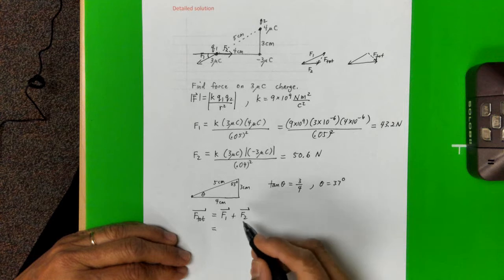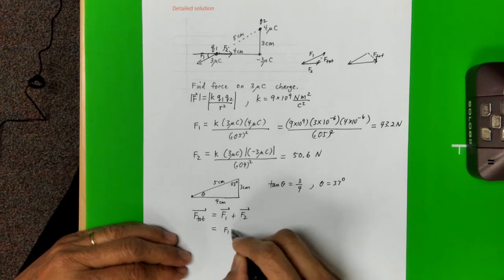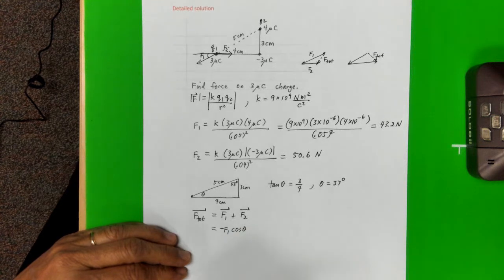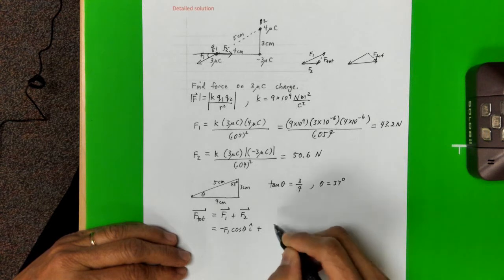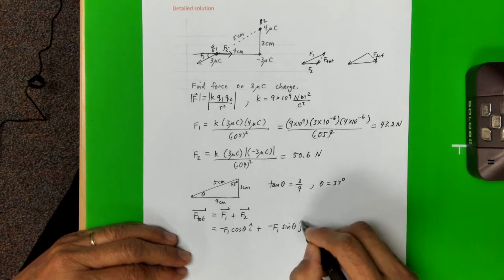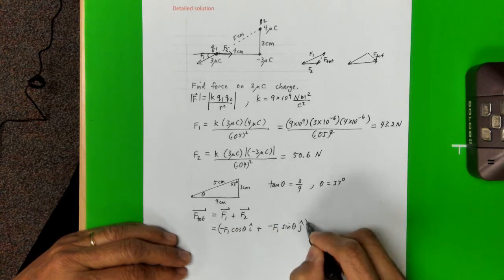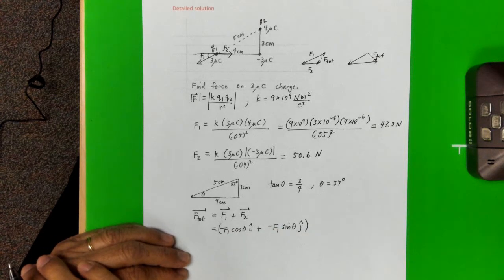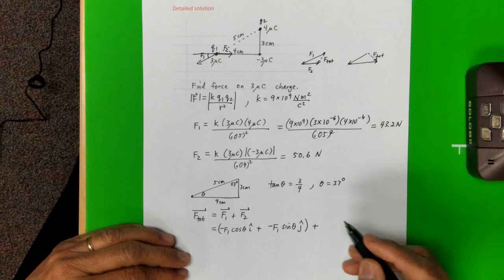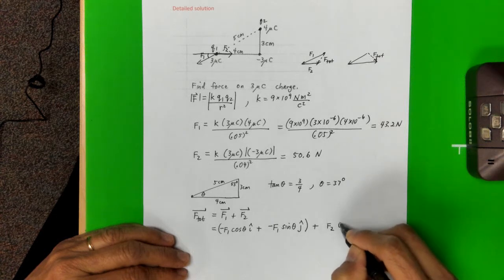So the x component of F1 is F1, which we know the value of, cosine theta, but it's pointing in the negative x direction, so you have to put a minus there, i hat, plus F1 sine theta, but that's pointing in the negative y direction, so you have to put a minus j hat. Okay, so I just wrote F1. Then what you have to do is write F2. F2 is a lot easier because it's pointing in the x direction. You have F2 i hat.